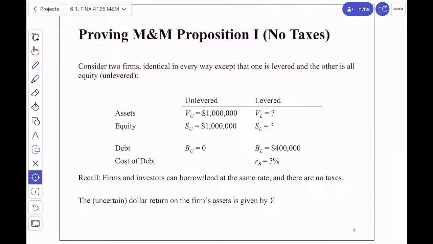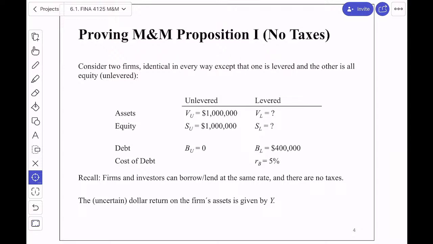So I begin with this because we've assumed that everything is the same. We're going to also assume that the dollar return on the firm's assets is the same. So that's going to be called Y. So that's some amount, the dollar return on the firm's assets.